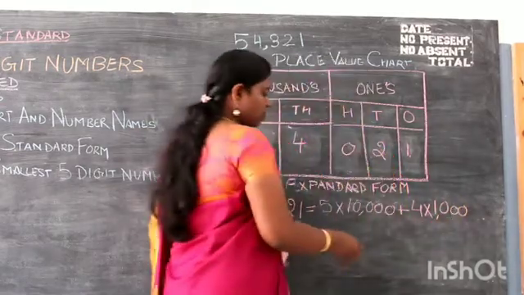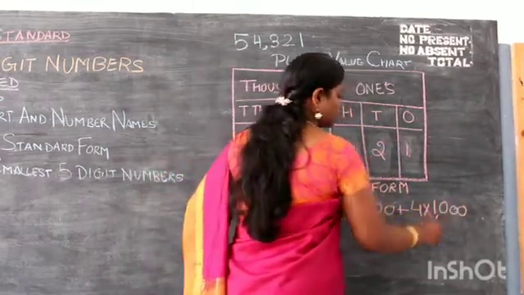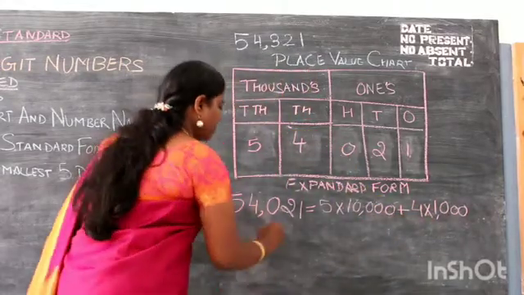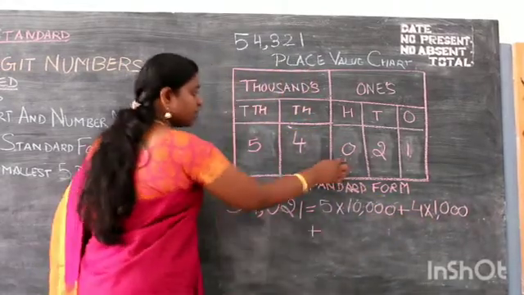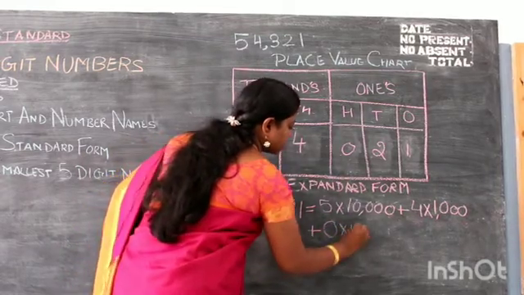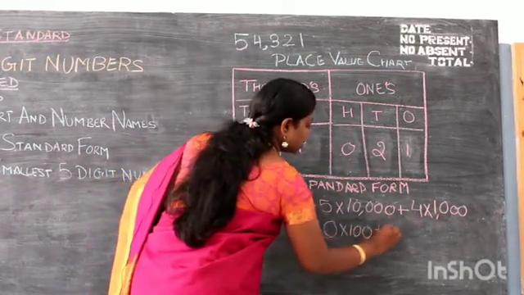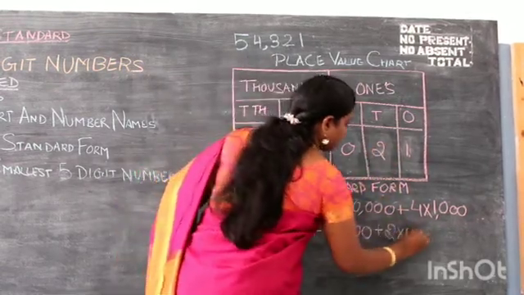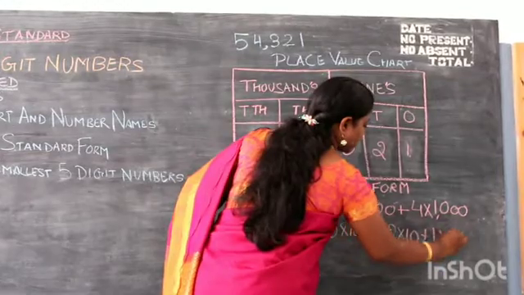You're going to put a 1 and you're going to put 3 zeros. 4 multiplied by 1,000. Okay, plus you have a 0 here. So you have 0 multiplied by 100 plus your 2 multiplied by 10 plus your 1 multiplied by 1.